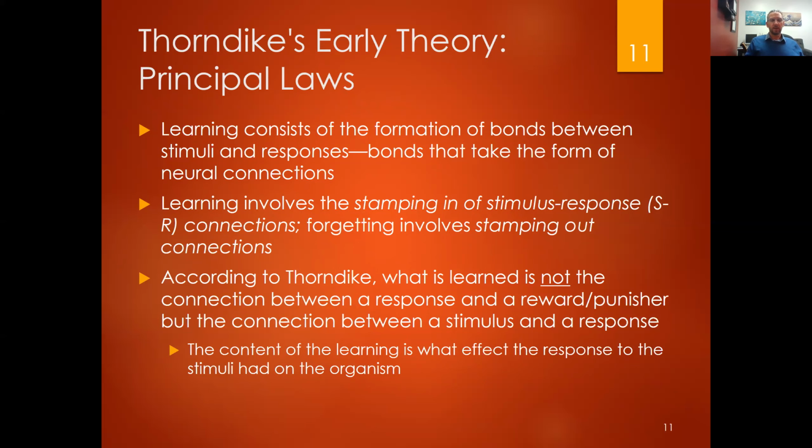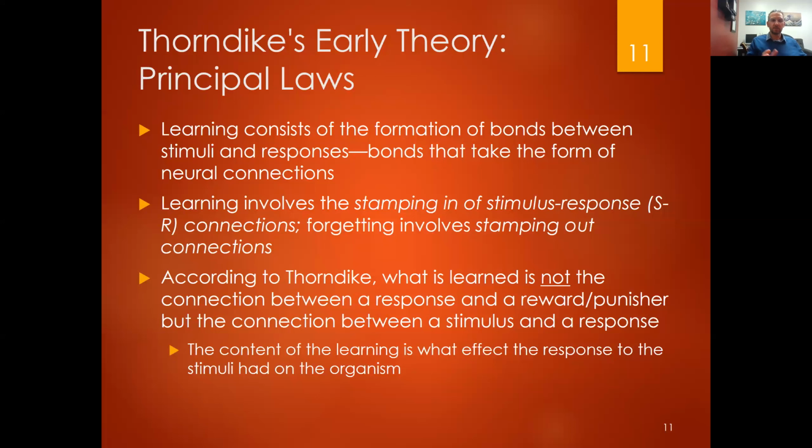Thorndike argued that learning consists of forming bonds between stimuli and responses, and that these bonds take the form of neural connections. He thought that there's something changing in the brain when these bonds are formed, and that the stimuli response connections actually get stamped in, if they lead to a satisfying state of affairs, which was how Thorndike explained it.